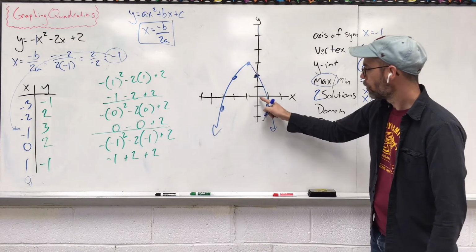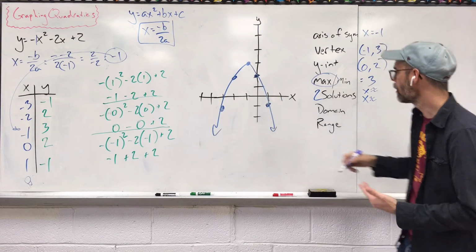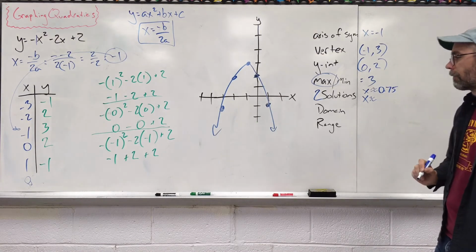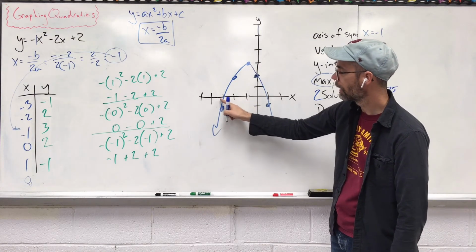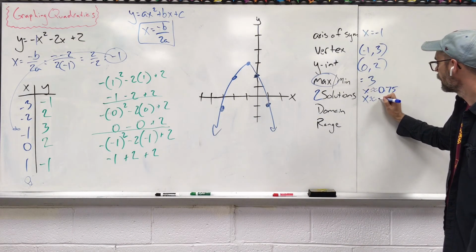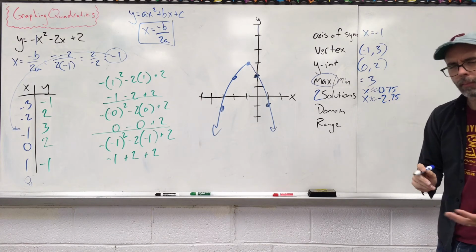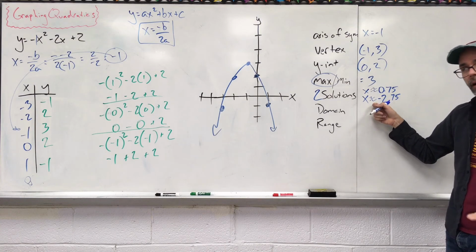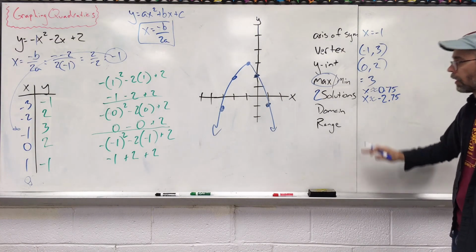We almost hit 1, but I don't want to say 1 because I know it's less than 1. I'm just going to take a guess and say about 0.75. And on the other side, we've got -1, -2, -3. We don't hit -3 yet, but it's about -2.75, maybe a little more. I'm just taking a guess, and we put the squiggle about signs just to say approximately.